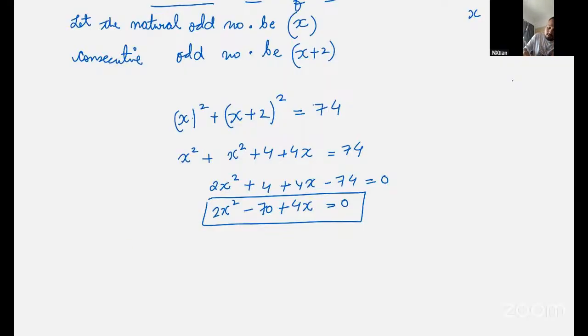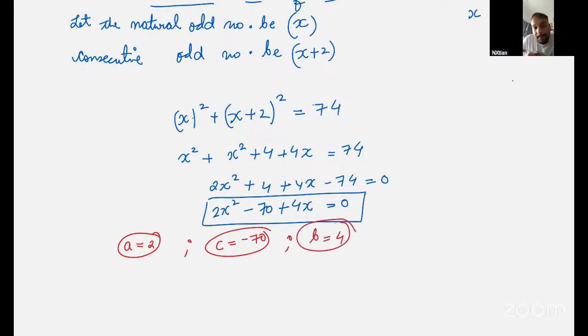No matter, you can write anything, you can put c in the front also, no problem in that. But you should be aware of what a, b, and c are. Got it? Now quickly solve this and give me the answer.